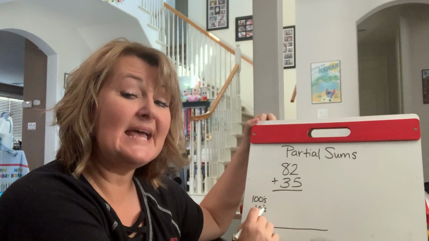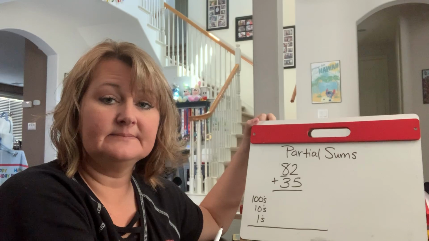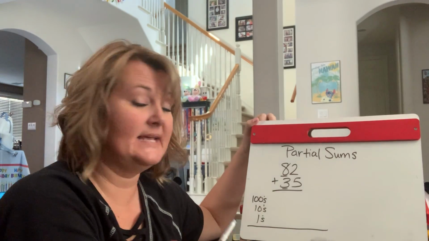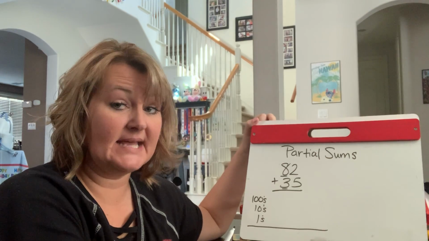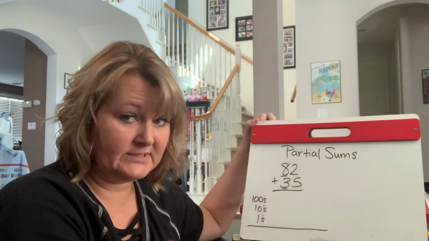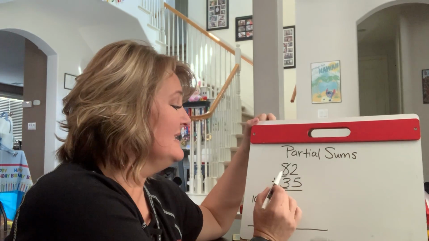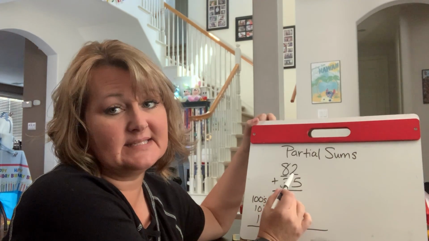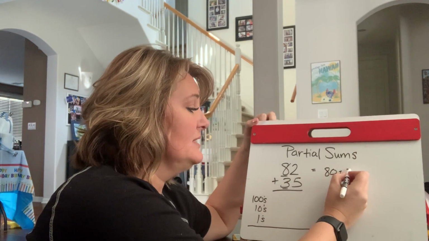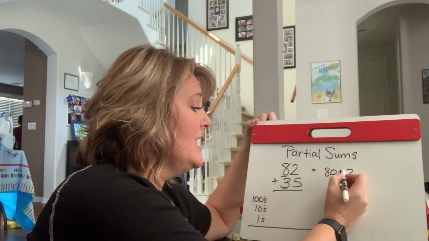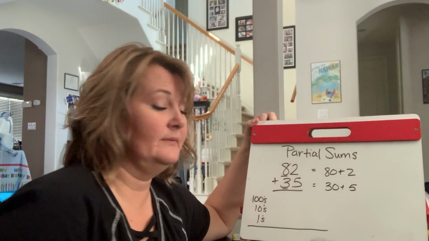I'm going to go to my tens, and I'm going to say I have 8 tens, and I have 3 tens. Well, if I count up by my tens, 3 more tens, I'm actually saying 80 plus 30, right? Because this being in the tens place tells me this is 80. If I were to expand this out, it would be 80 plus 2, and 30 plus 5.